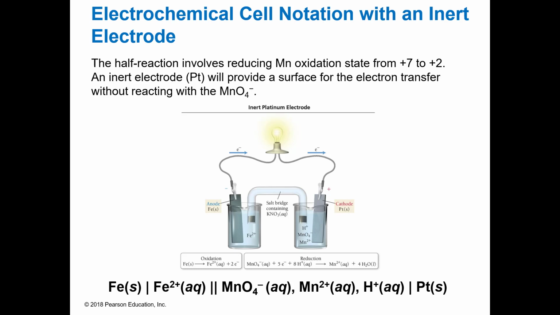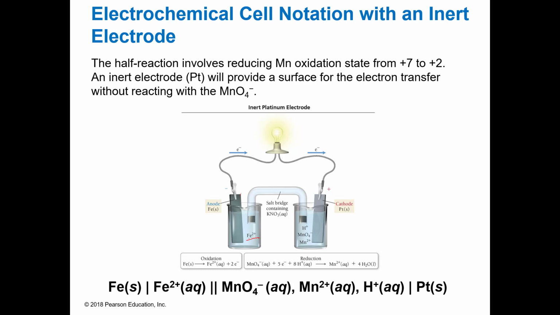All right, so let's look at this electrochemical cell notation with an inert electrode. Okay, so here's what it looks like. We have iron. We have an iron 2 positive solution. And that could be iron 2 nitrate or something like that. So there it is.